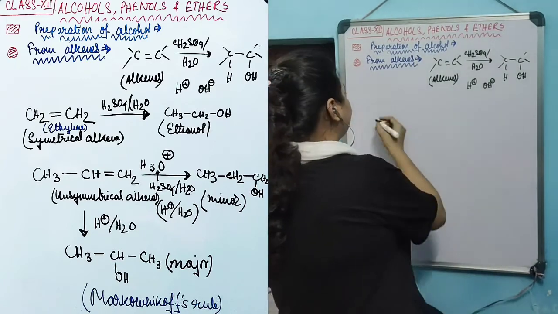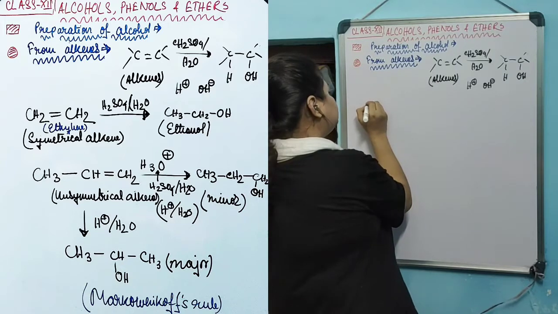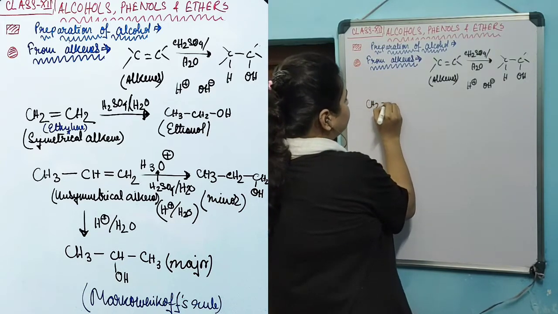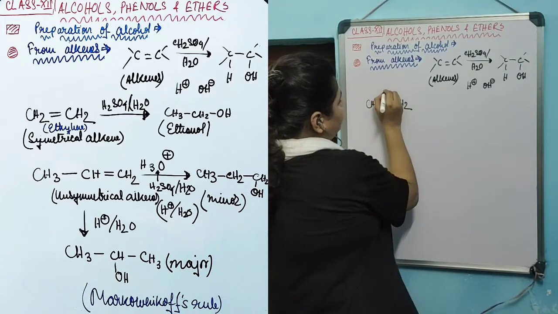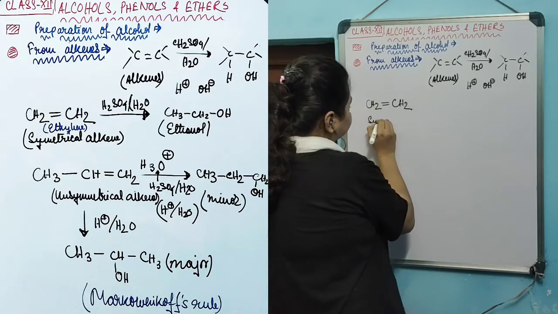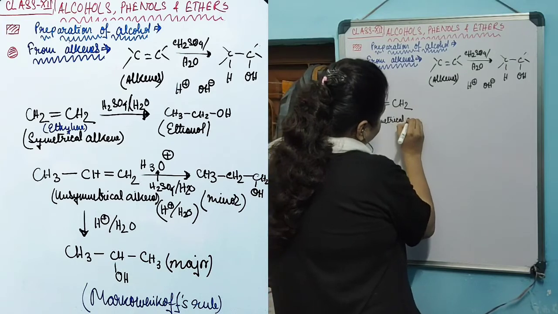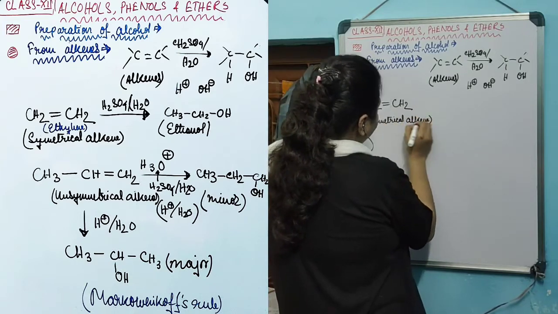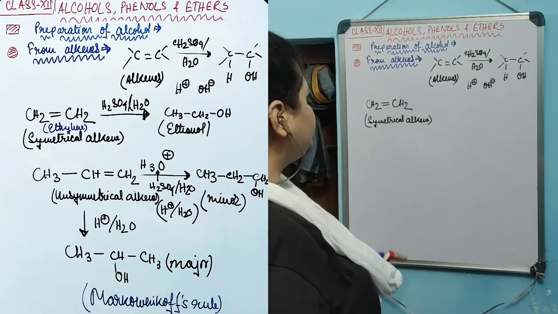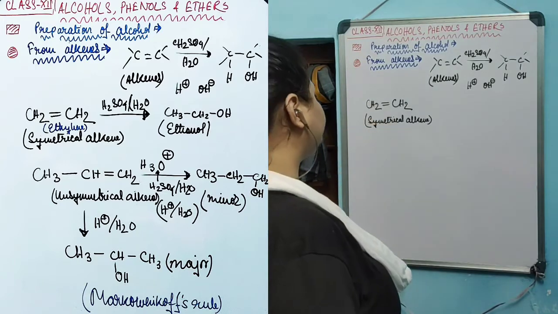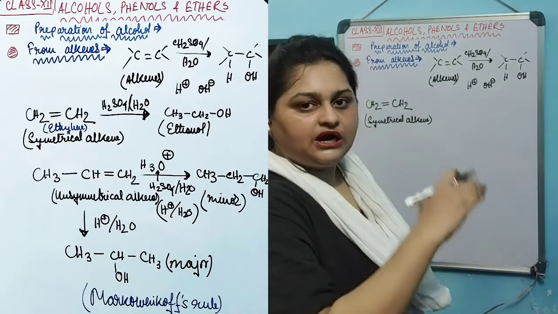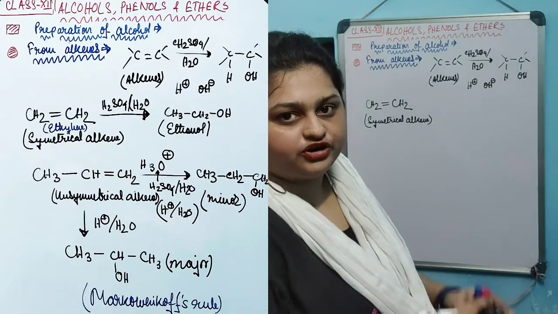Now let's take an example of a compound like this one, CH2 double bond CH2. This is a symmetrical alkene. In a symmetrical alkene, if a mirror is placed in between the double bond, the two parts on both sides are symmetrical with each other.